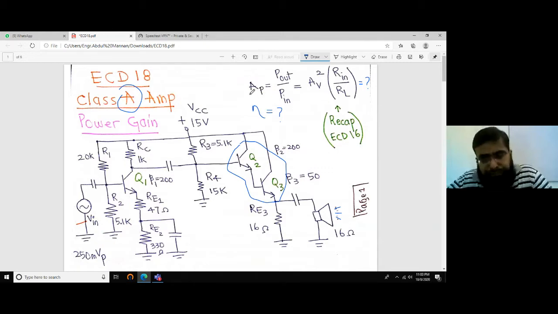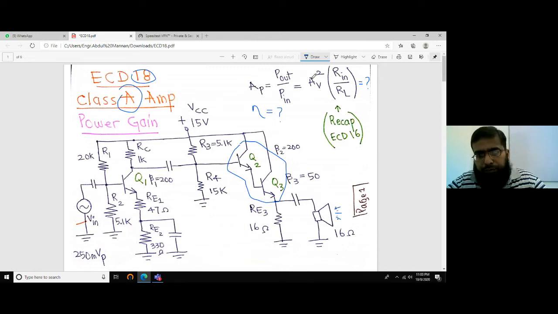So let's start. AP is P out over P in, and we studied this formula, AV squared R in over RL, in lecture number 16. In lecture 16, we derived this formula for AP.